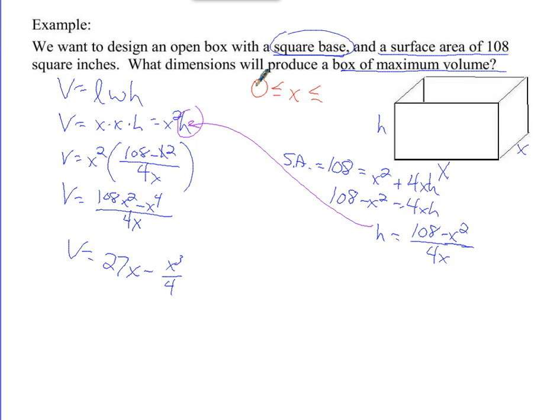Remember, this is a square base, right? We do have 108 square inches available. So if the height goes to 0, then all of that 108 square inches goes towards the base. Agreed? If 108 square inches goes towards the base and the side lengths are both x, then the length of x would be the square root of 108.